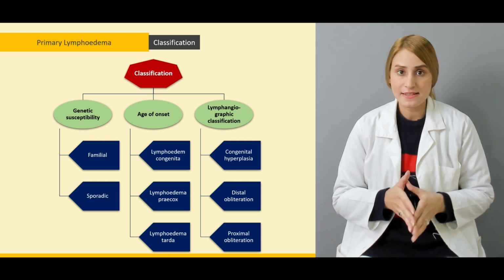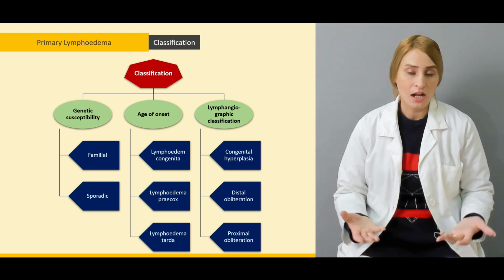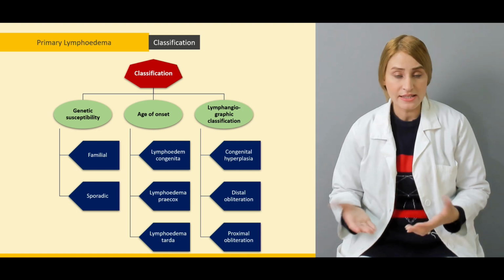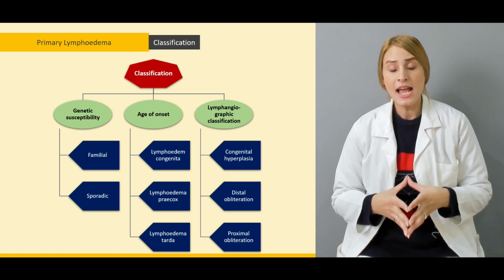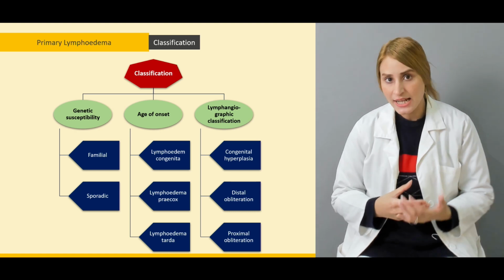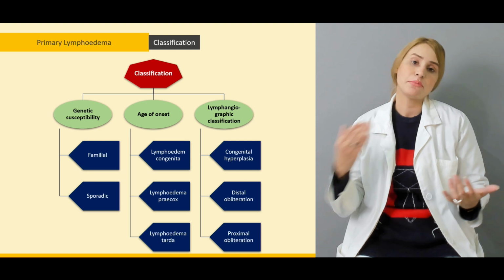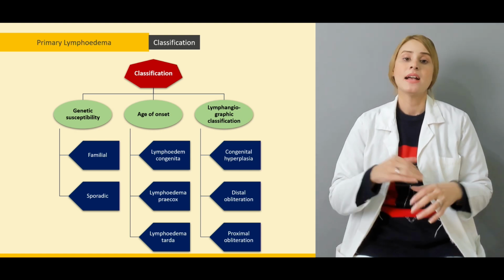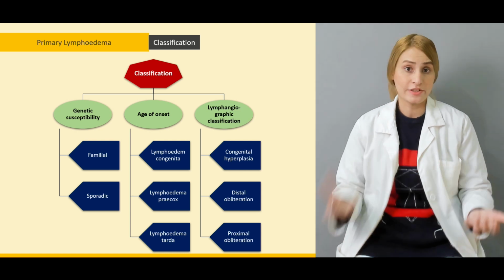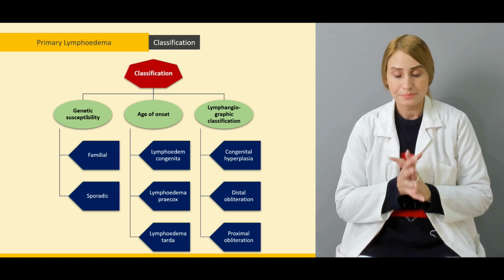One is genetic susceptibility, the other is the age of onset, and the third is the lymphangiographic presentation. In genetic susceptibility, it can be familial or sporadic cases. I also told you some of the diseases or syndromes which are involved.